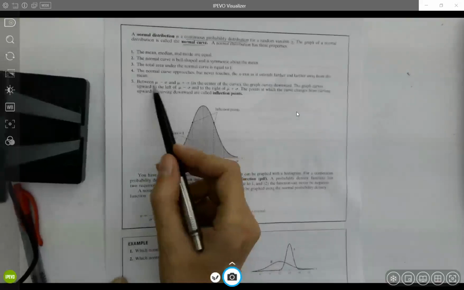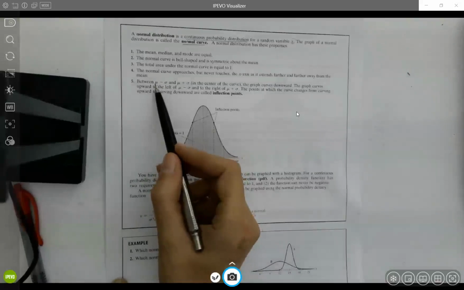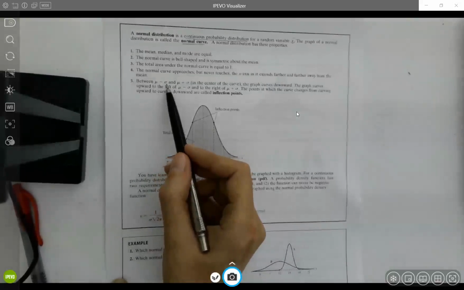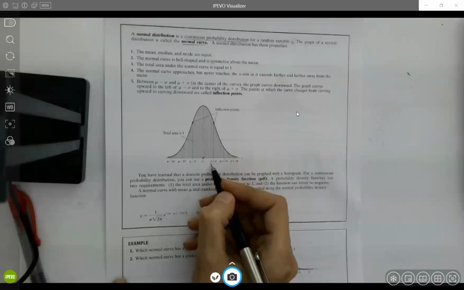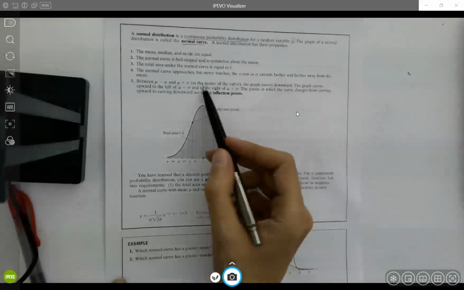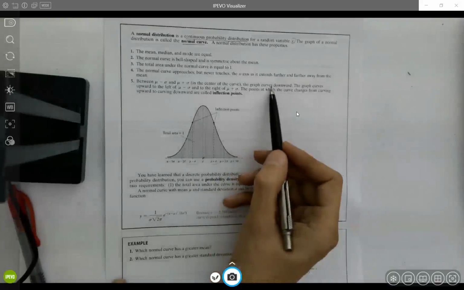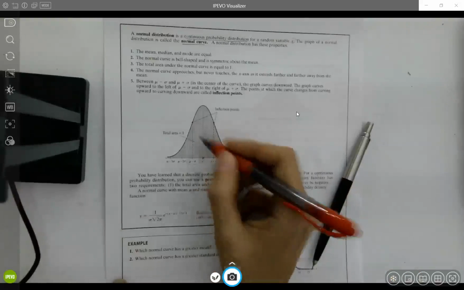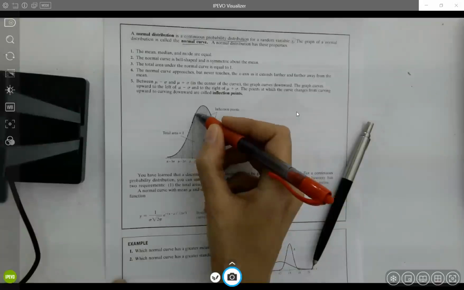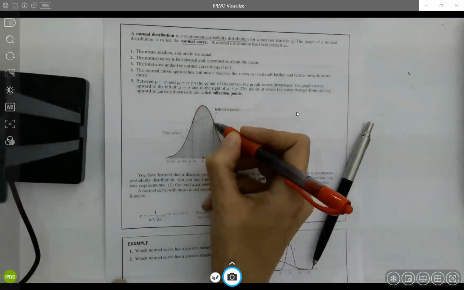5, between mean minus standard deviation and mean plus standard deviation, the graph curves downward. So take a look at this. Between these two, the graph curves downward.